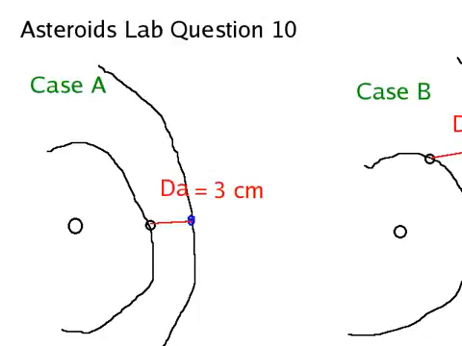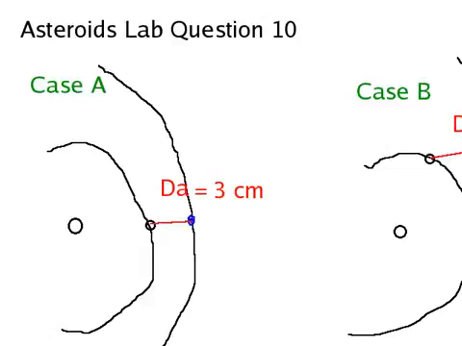So with numbers, I'm going to put that in: 3.0 centimeters squared divided by 4.7 centimeters squared.